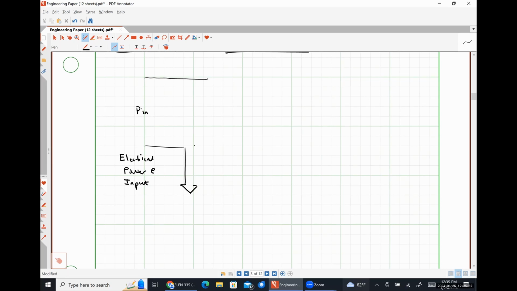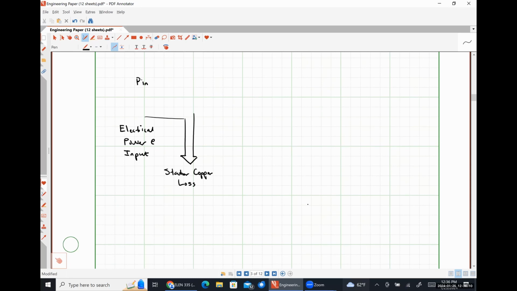Effectively it's leaching away some amount of our initial input power. So here we have our stator copper loss, and a mathematical expression for this would be P_S,CU.